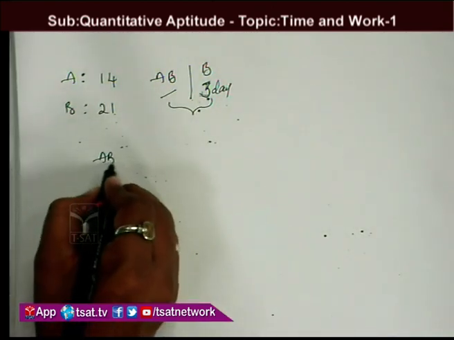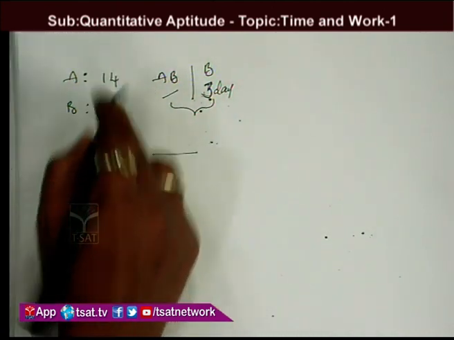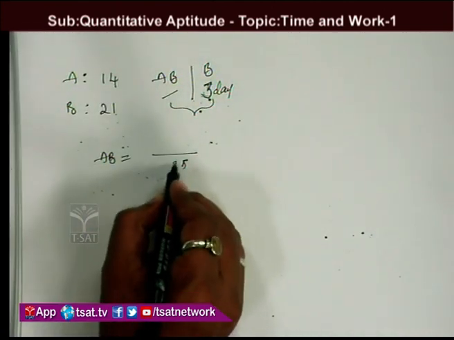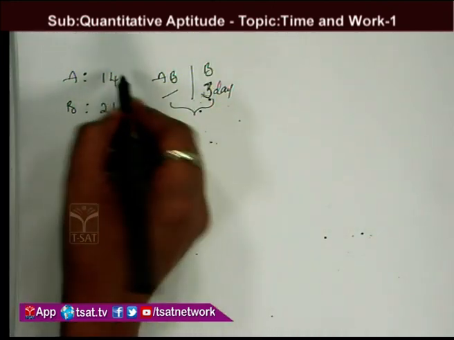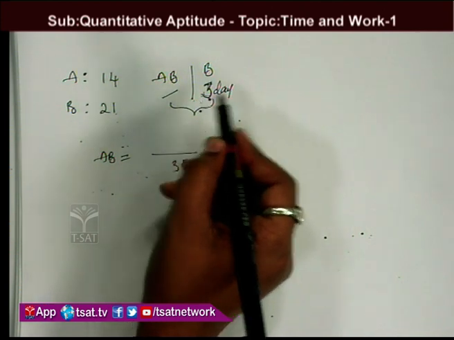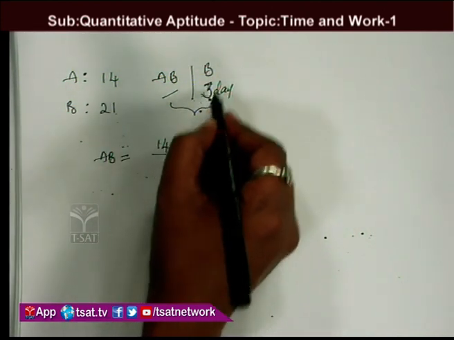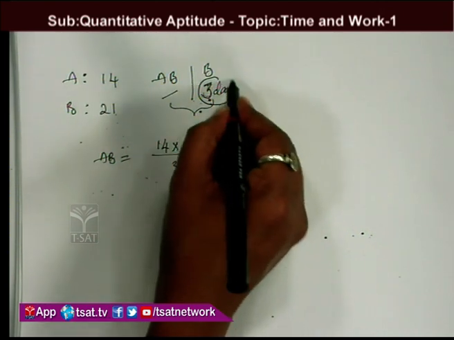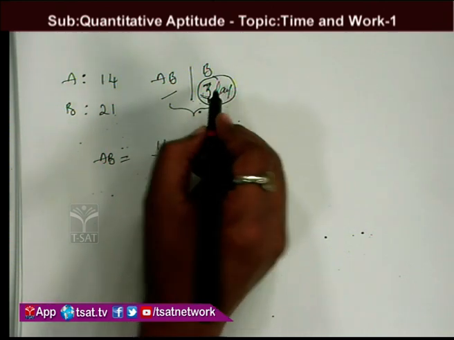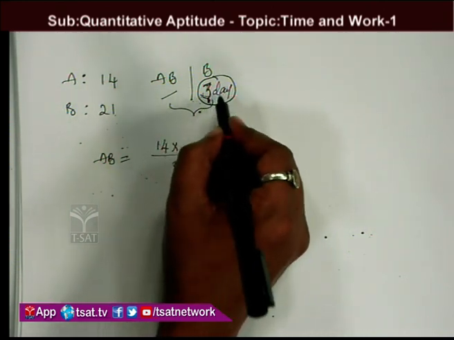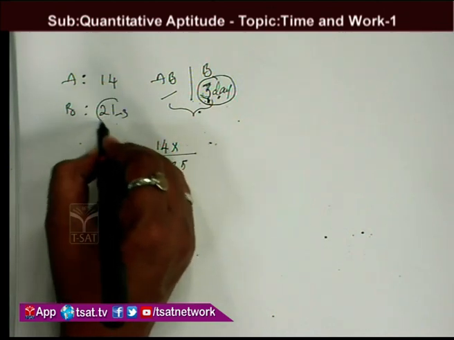As in the previous question, A and B together, that means 14 into 21 over 14 plus 21, 35. A has already left, so A is not working alone, so A's value is 14. B alone did the work for 3 days. Who works alone, those alone days are removed from the A or B value.